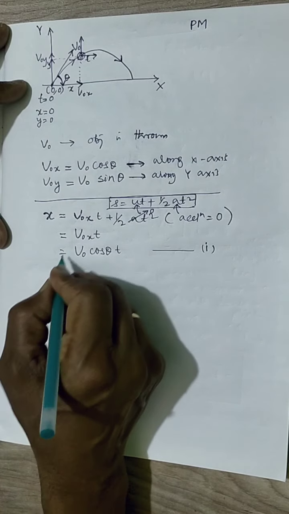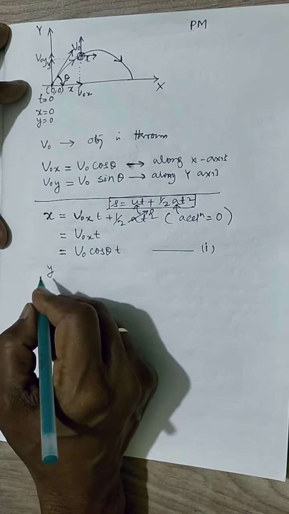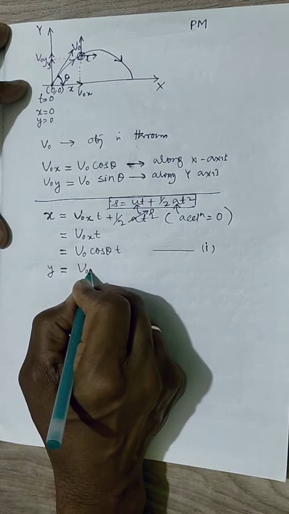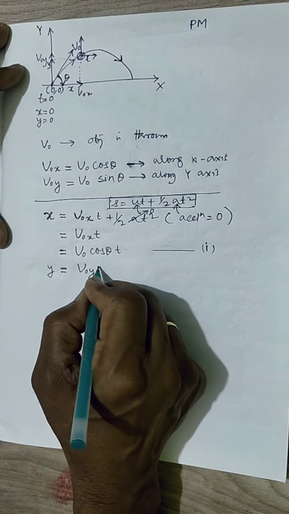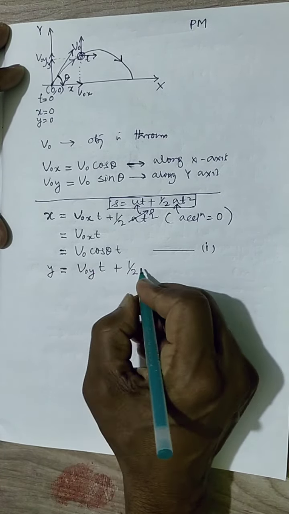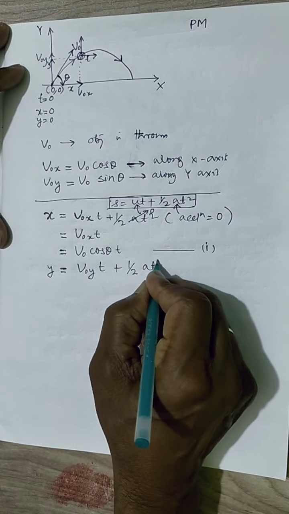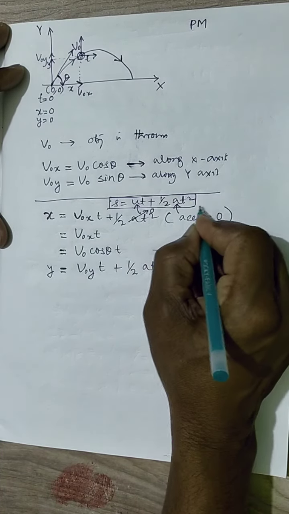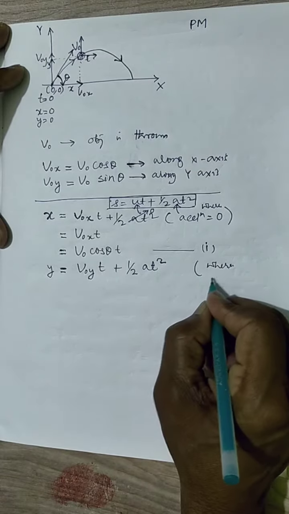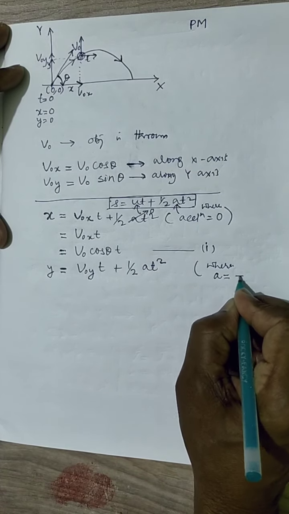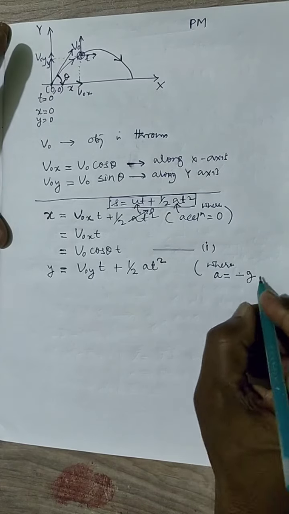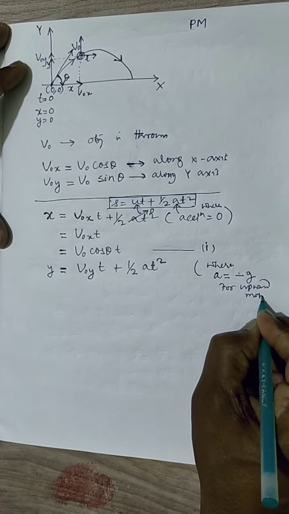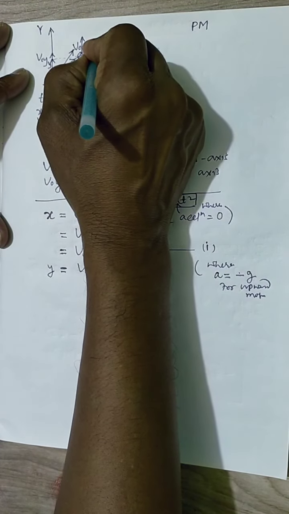In the same way, the distance the object has moved along the y-axis is v0y t plus half a t square, where a is minus g for upward motion till it attains the maximum height.